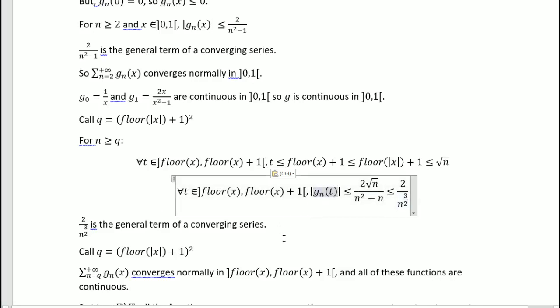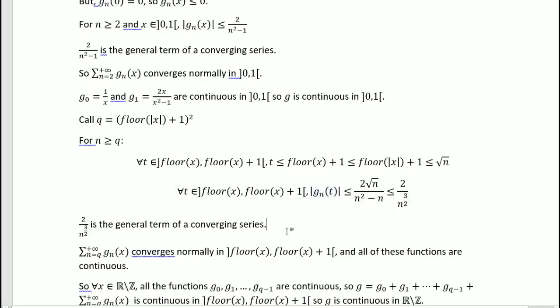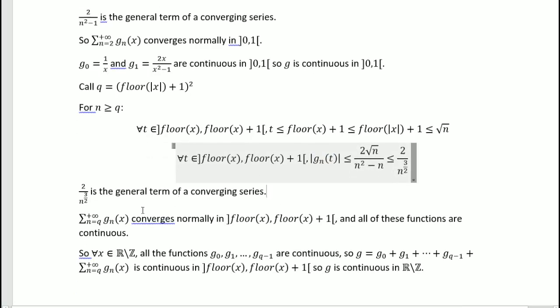Okay, so we have, oops, I've written this twice. We know that this converges normally for all values of x in floor x to floor x plus 1, for all values of x. Obviously this x is not the same x as here. So for all, how can I say it?